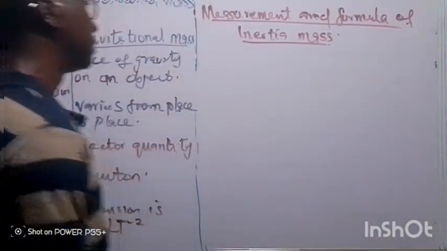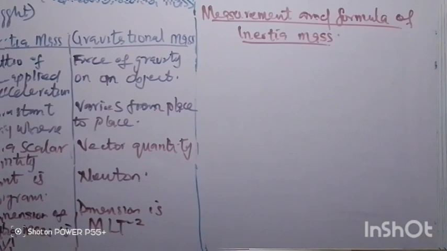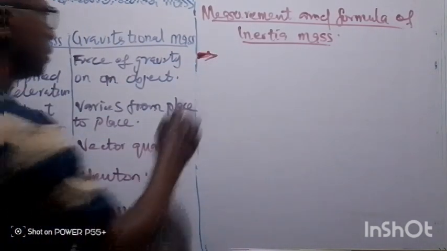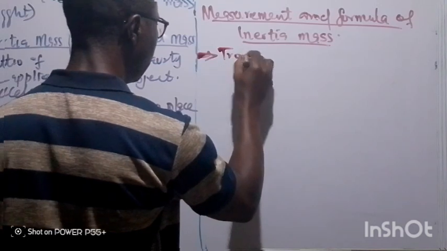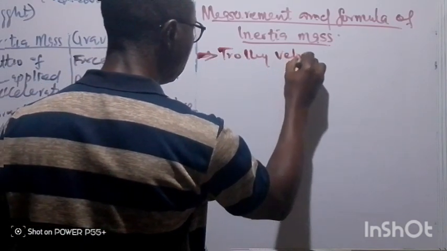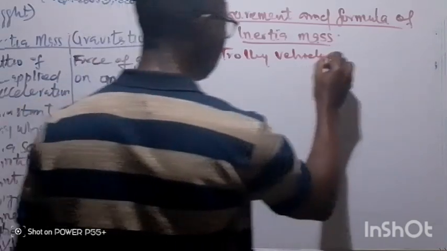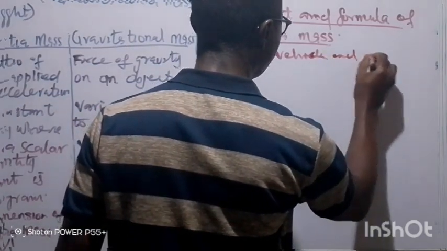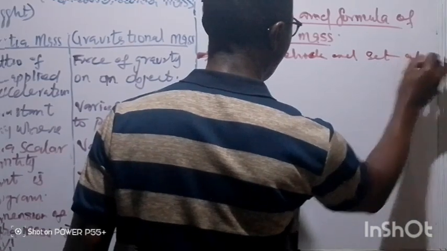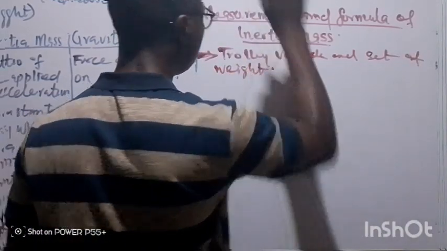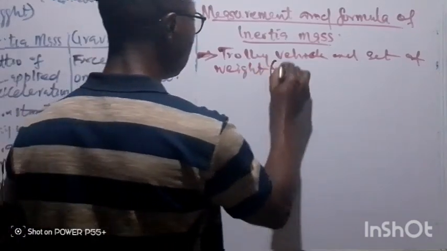The first one we are going to look at, we can measure inertial mass by the use of a trolley vehicle and a set of weights, call it force.